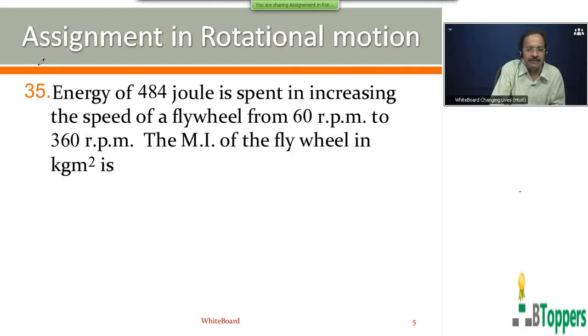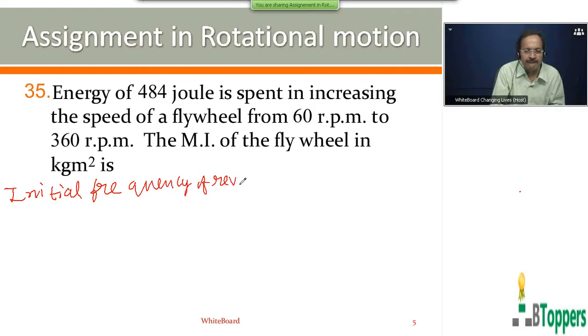So initial frequency of revolution, the number of revolutions completed per unit time, we call it frequency. The initial frequency of revolution, denoted by small n subscript i, is 60 revolutions per minute.